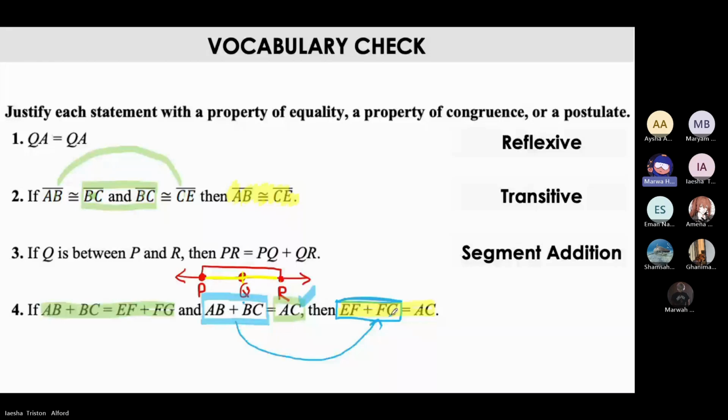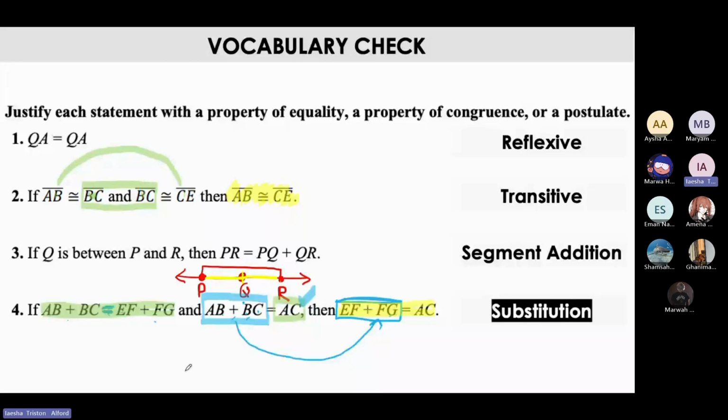This is substitution, right? We've replaced a value. How do we know we can take AB plus BC, delete it, and write EF plus FG? We know that because of the first part. They are equal here. Anytime they tell you something is equal, you can delete one and replace it with the other one.